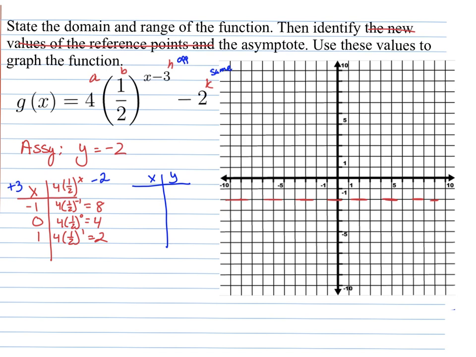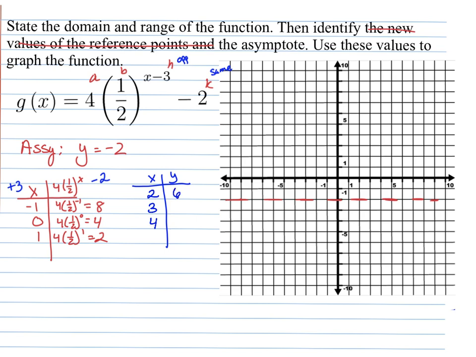So our new values that we're going to graph with the horizontal and vertical shifts are going to be, so 3 minus 1 is going to give us 2. 3 plus 0 is 3. 3 plus 1 is 4. So those are our shifts now. And on our next one, -2 plus 8, that is 6.